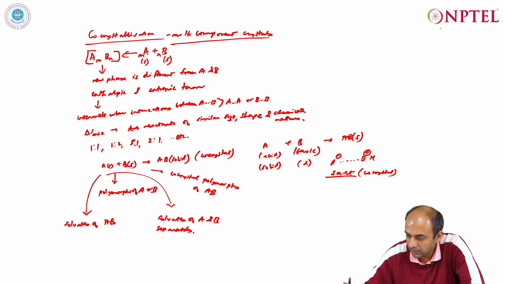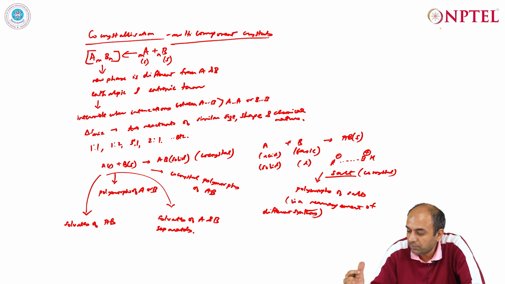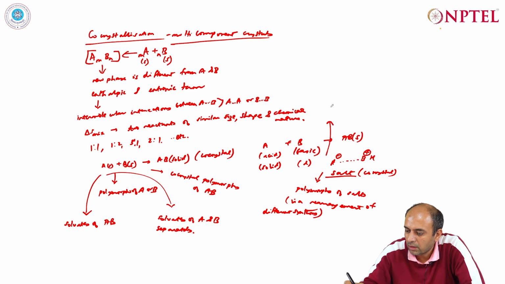And along the same lines, we can also have polymorphs of these salts via rearrangement of different synthons, which can give you the packing polymorphism in case of these salts. We can also have the solvates of these co-crystals.